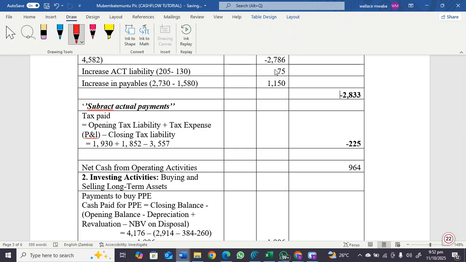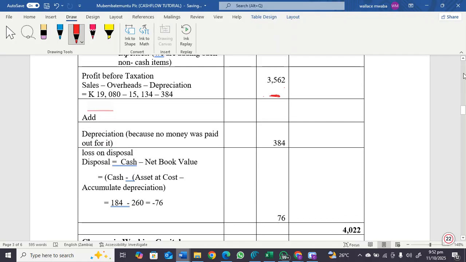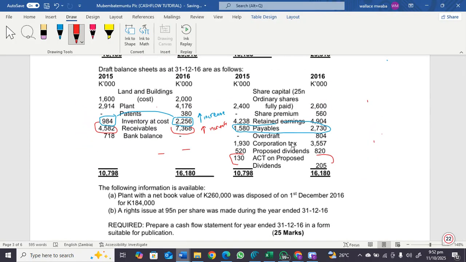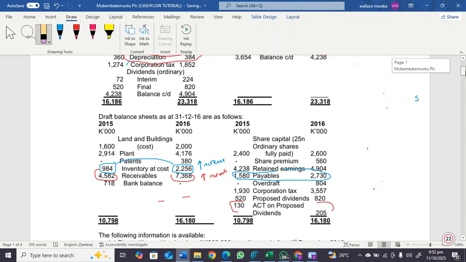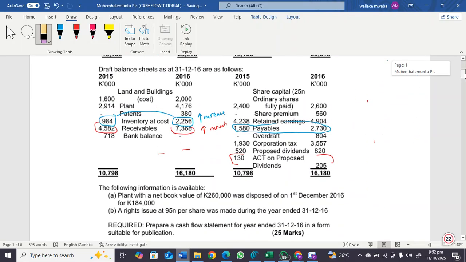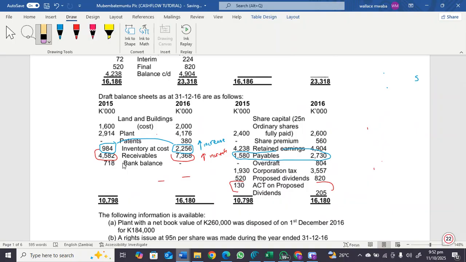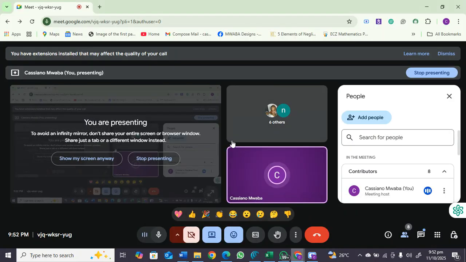Now, colleagues, notice that I haven't used overdraft here. You know why I haven't used overdraft? Because this overdraft here is in relation with this bank balance here. If you remember from our T accounts, bank or cash is an asset account, so the balances are always on the debit side.